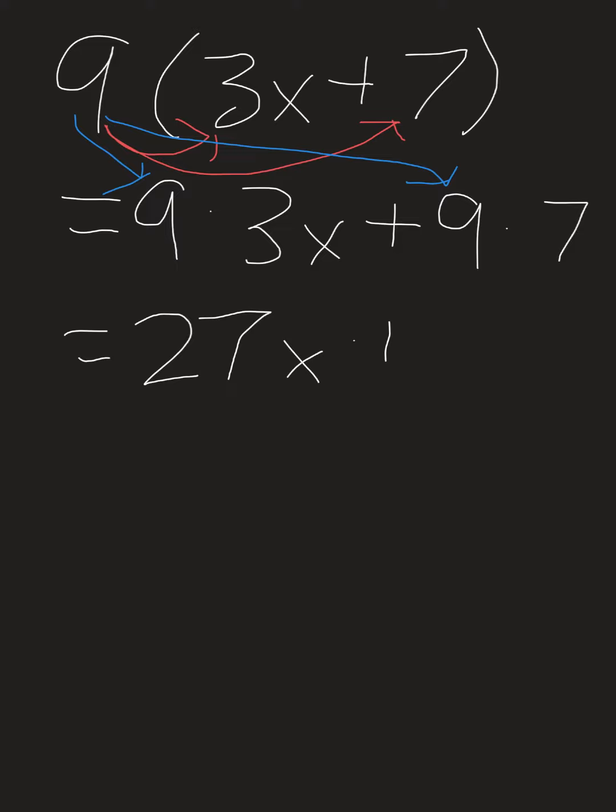And then what's 9 times 7? 9 times 7 is 63. Good. So our answer is 9 times the quantity 3x plus 7 is equal to 27x plus 63.